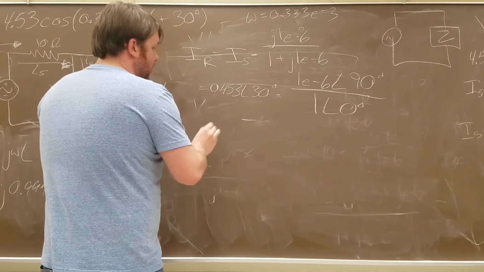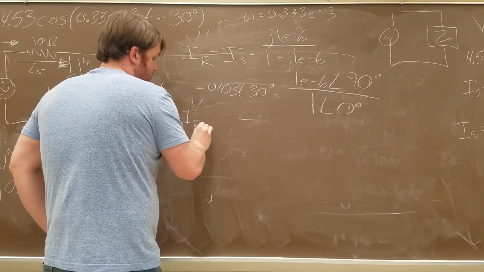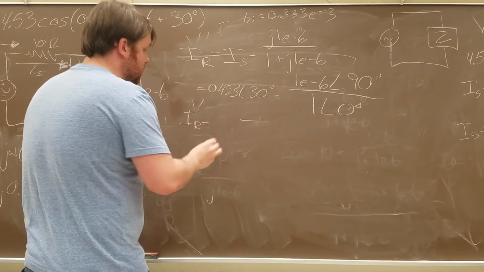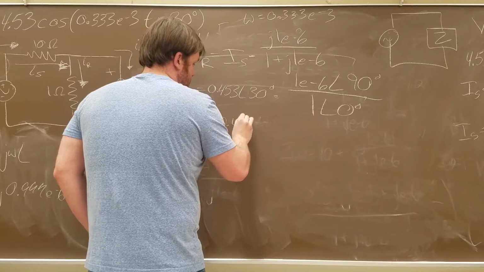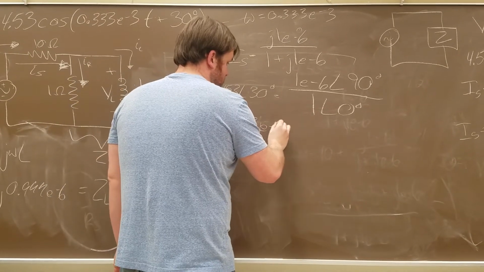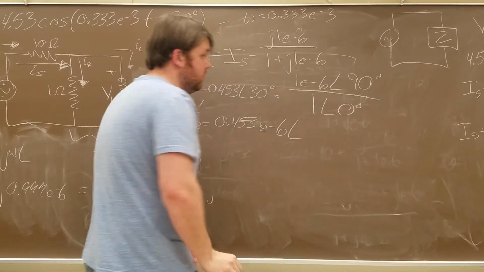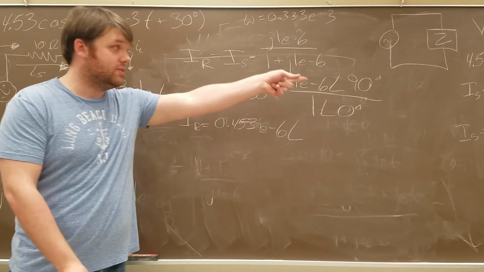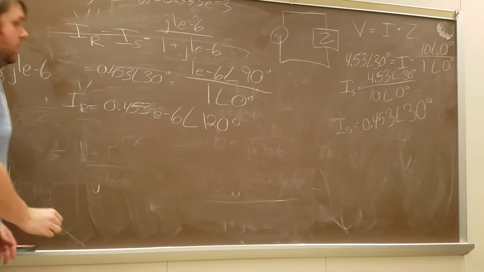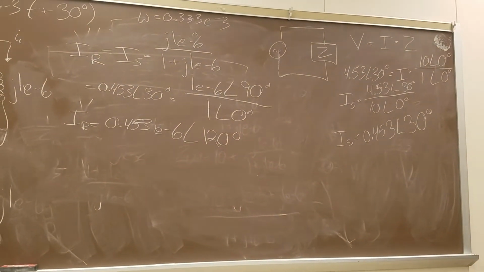Okay, so our current through our resistor ends up being, well, we multiply these together, so 0.453 times 10 to the negative 6 angle, we add up 30 plus 90 because they're multiplied, 120 degrees. There is our current through our resistor.